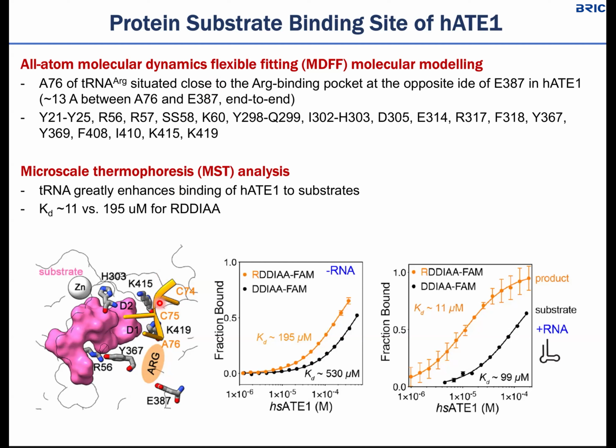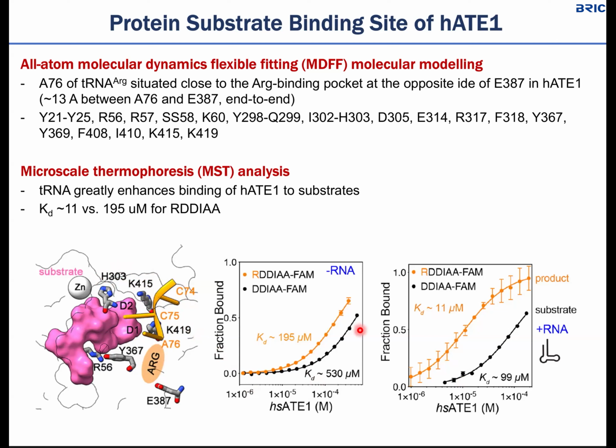And the space between A76 and E387 from end to end is approximately 13 angstroms, which is more than sufficient to accommodate the N-terminal arginine residue existing in the arginal tRNA molecule. And AT1 residues surrounding the pocket around the first two residues in the substrate peptide displayed a volume increase of 258 angstroms, which aligns with the observed outward shift of the zinc finger.